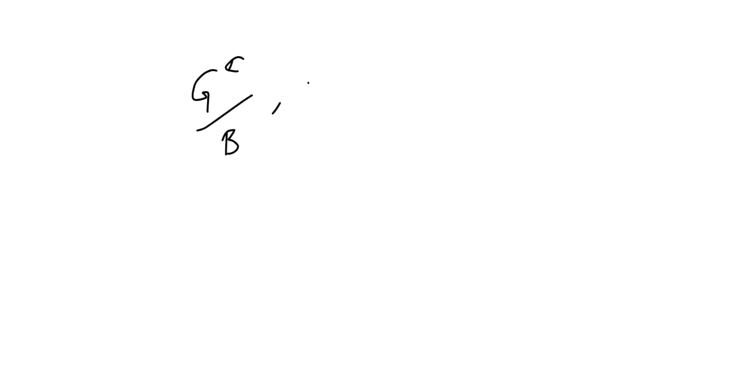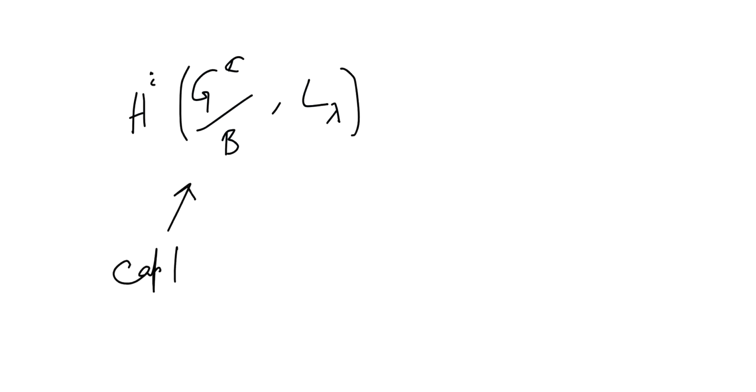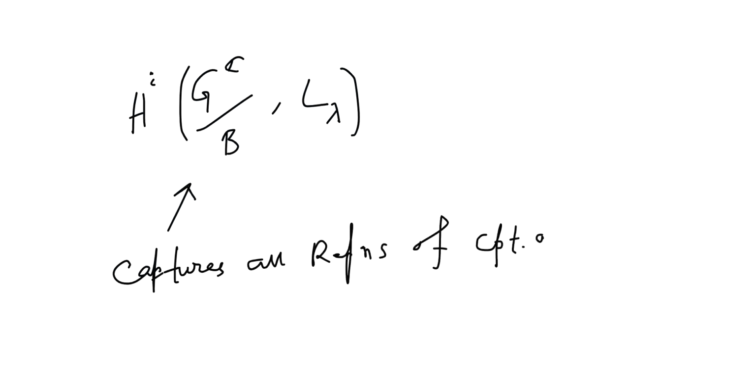Then you can look at the sheaf cohomology of that. So that captures all representations of the compact group G.